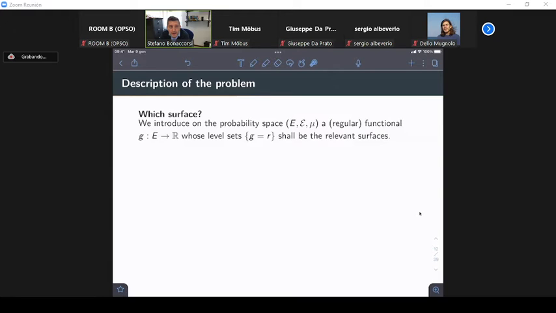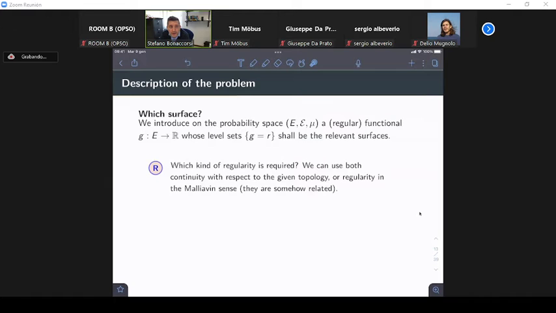So a few questions here. The first one is which kind of regularity is really required here?